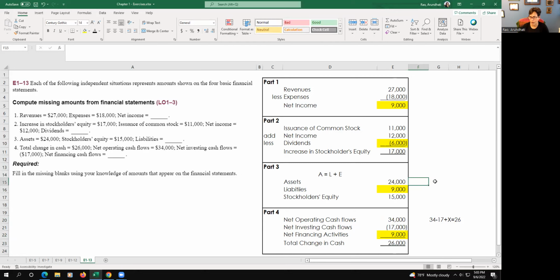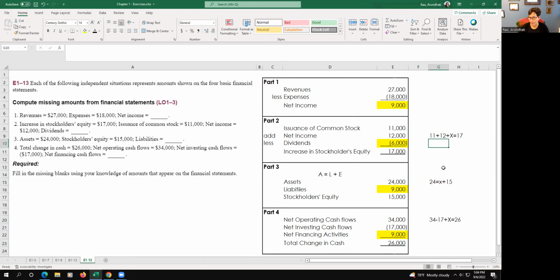Same thing over here. Again, if you need to write this as an equation, assets equals X, where X is the liabilities. We don't know what that is. Plus 15. Solve for the X. Exact same thing over here we have 11 plus 12 minus, we don't know plus or minus, so just let's write plus X equals 17.